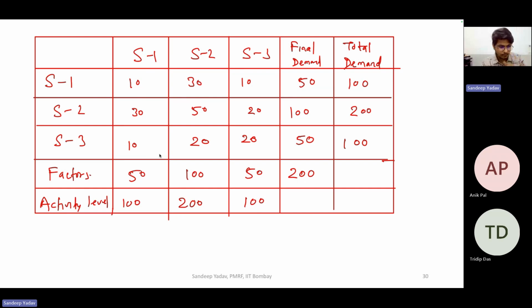So now we have formulated the trade flow and activity levels for the final demands in this input output table. So the first thing we have calculated is the input output table. This is how an input output table is made.